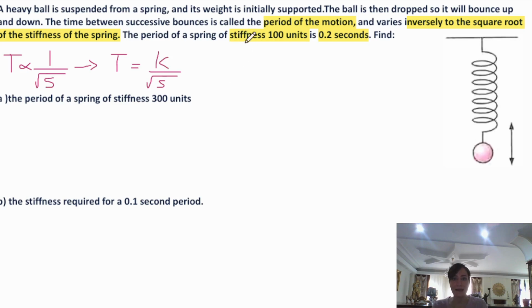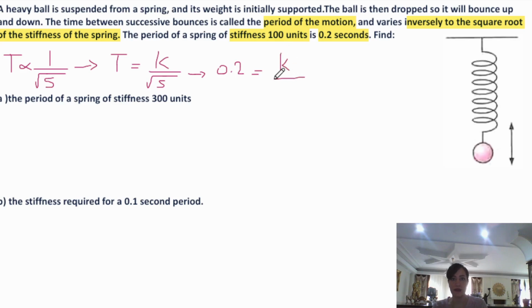And in the question it says 100 units stiffness equals 0.2 seconds. That means 0.2 seconds equals K over the square root of 100 units of this stiffness.